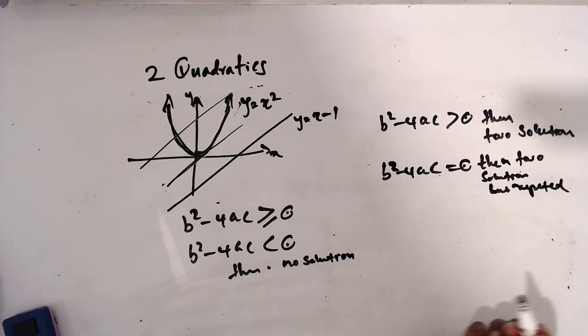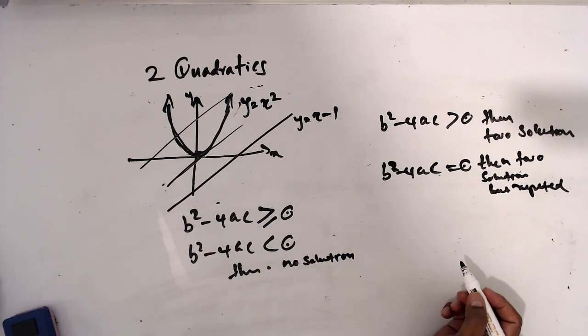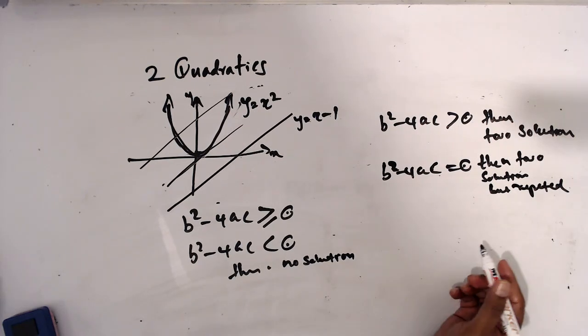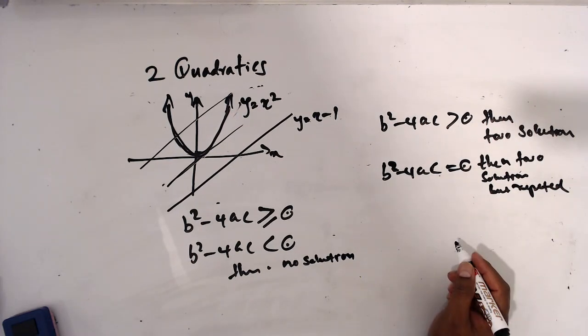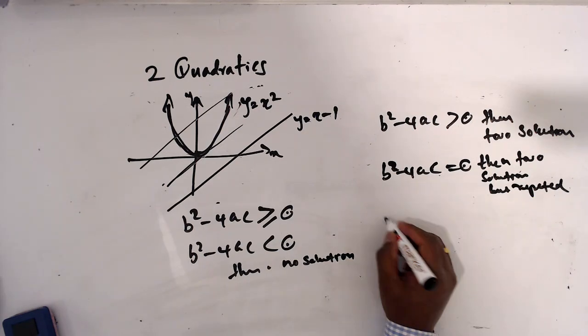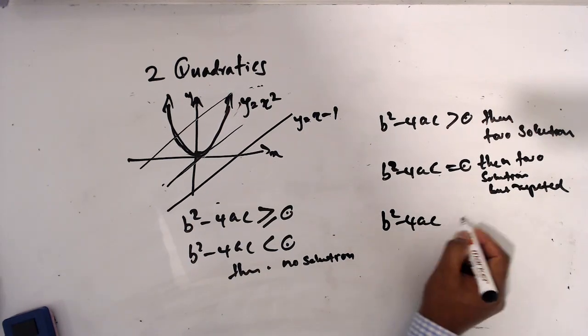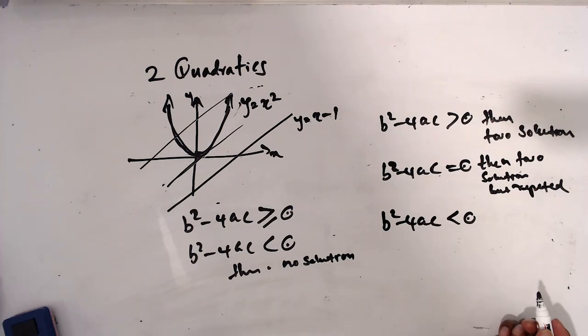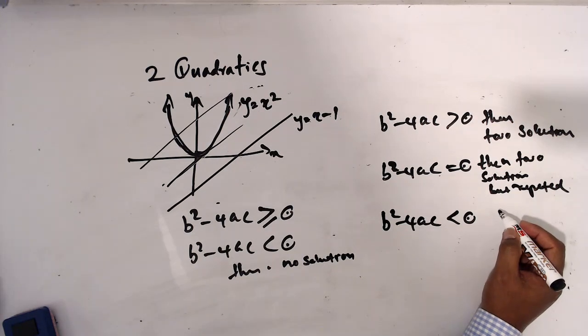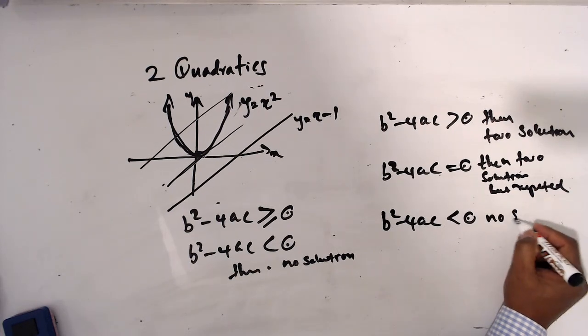We can't say one solution because a quadratic equation should have two solutions. Yes, we have two solutions, but they are repeated. And b square minus 4ac less than 0, then no solutions.